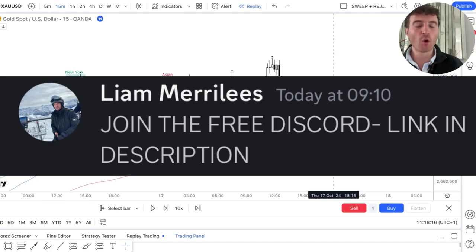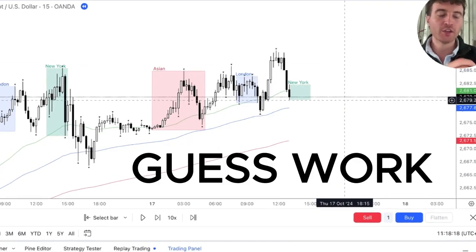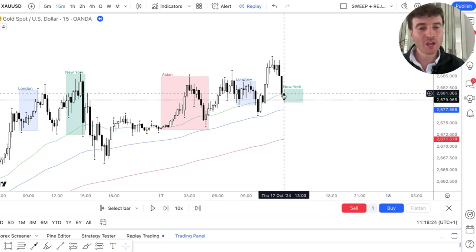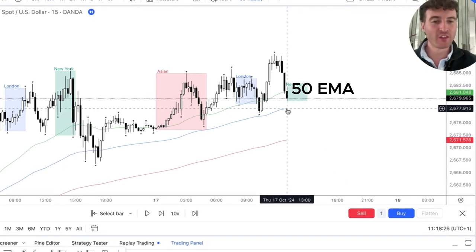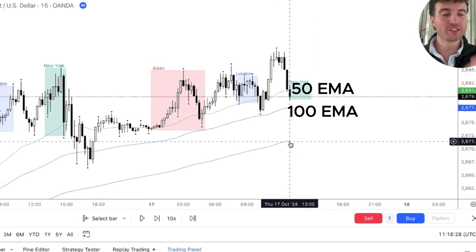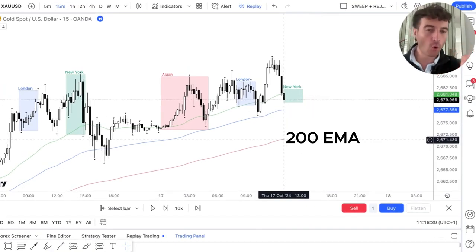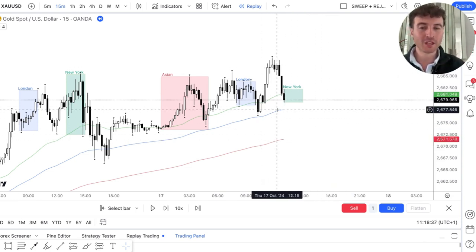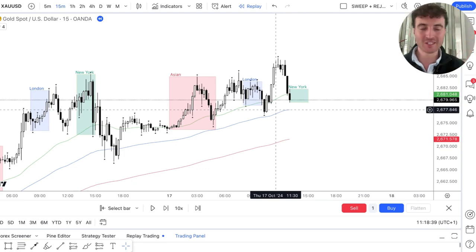So this takes away all of the guesswork of trying to figure out whether you're sell bias or buy bias. Simply, when the 50 is greater than the 100, which is greater than the 200, so for example, when all EMAs are in order, then this is a buyer's market right here, and vice versa for a sell market.